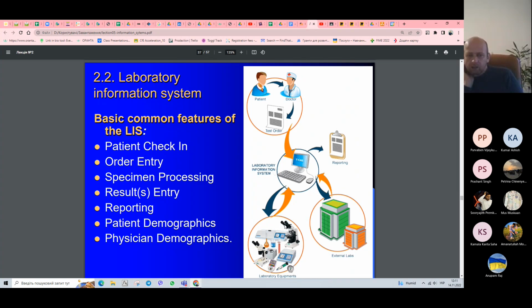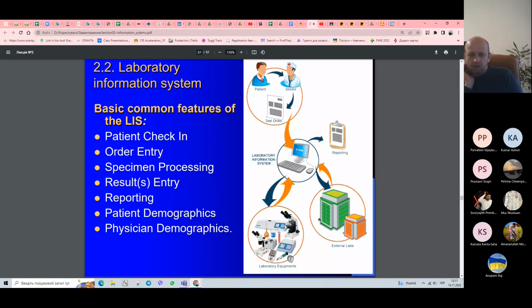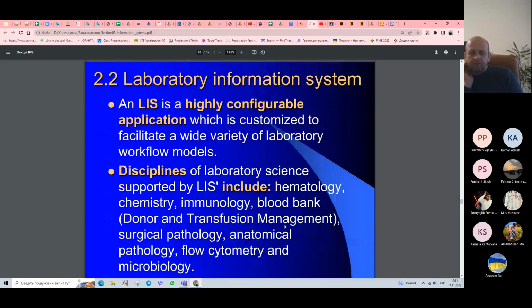This should be provided as optimal communication. Also, the laboratory information system is a highly configurable application which is customized to facilitate a wide variety of laboratory workflow models.